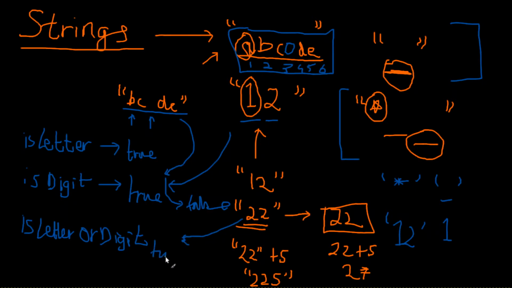If you input a B, it'll again return true. If you input, say, a blank space or an underscore, it's going to return false. All this does is tell you whether what you've input is either a letter or a digit. If it's neither of them, then it'll return false.